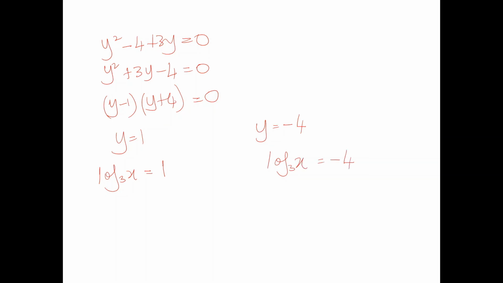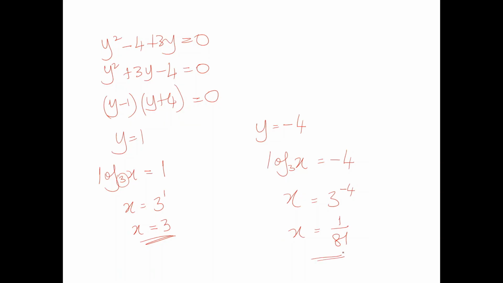You can just apply the basic concept of logarithm. So 3 goes to the other side and becomes the base for the index. So x equal to 3 to the power of 1, so x equal to 3. And for this one, x equal to 3 to the power of negative 4, so x equal to 1 over 81.